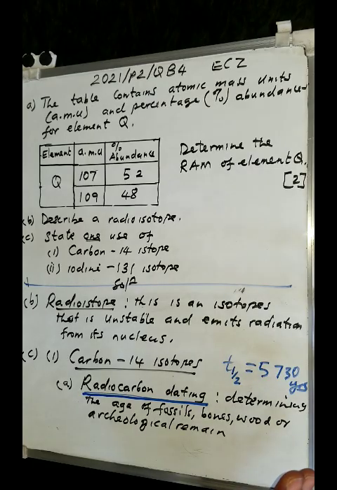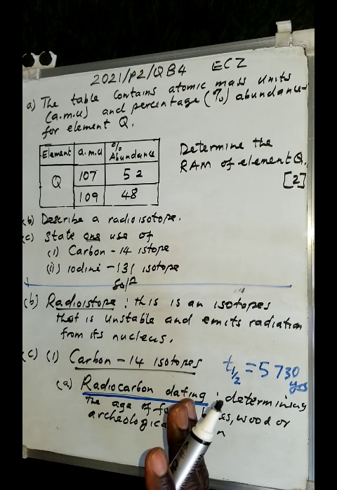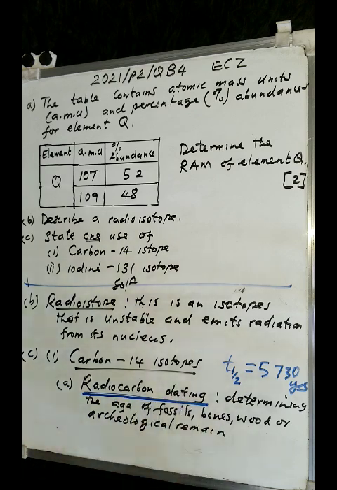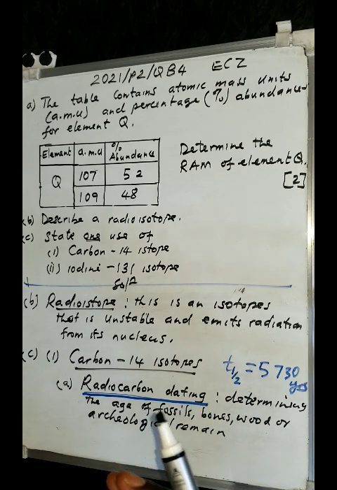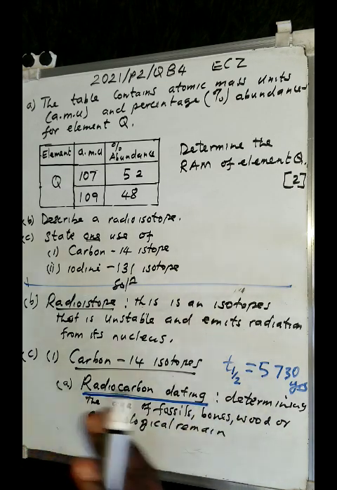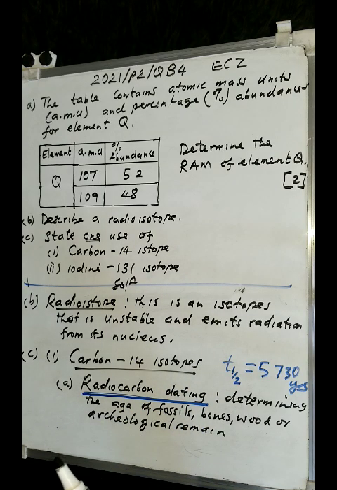Now, how is that done? Well, normally, living organisms constantly take in carbon. So when we eat food, we are constantly taking in this carbon-14, which is radioactive. When any living organism dies, it stops taking in carbon-14.